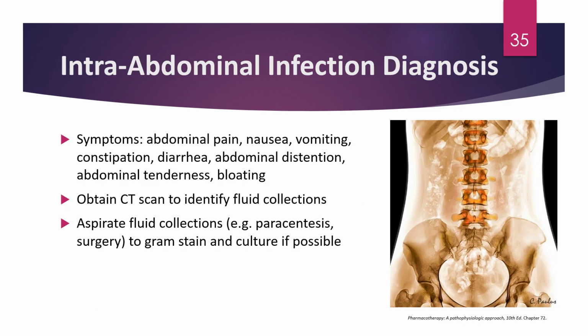Intra-abdominal infections usually will present with symptoms of abdominal pain, nausea, vomiting, constipation, diarrhea, abdominal distension, abdominal tenderness, or bloating. Usually, we will get a CT scan to identify if there are any fluid collections or abscesses that might be contributing to an infection. And we will want to try to aspirate any of those fluid collections or treat as appropriate.